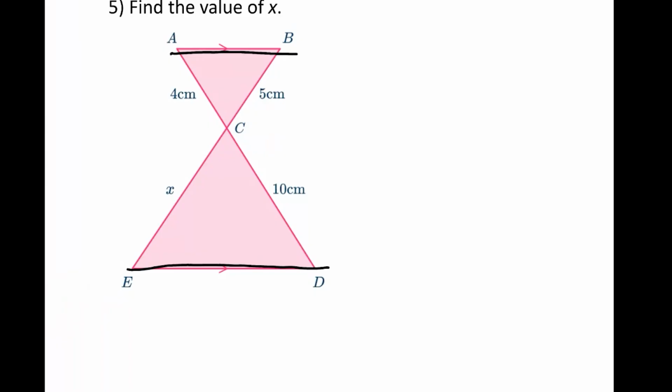As far as which side length corresponds to which, this is a little tricky. But in this case, the 4 is going to correspond to the 10, and the 5 corresponds to the x.